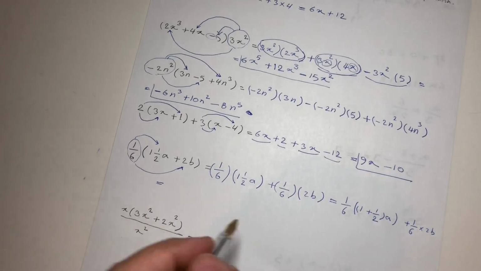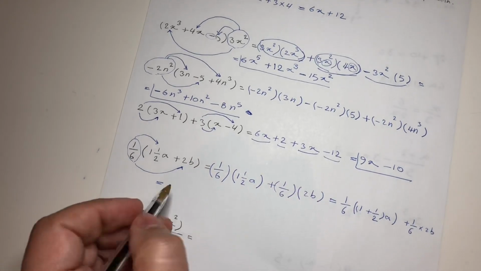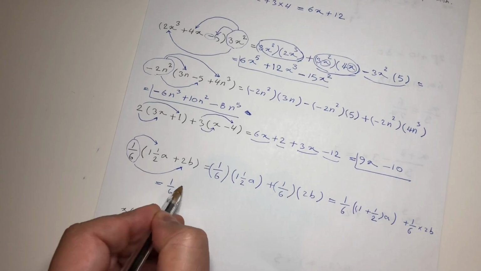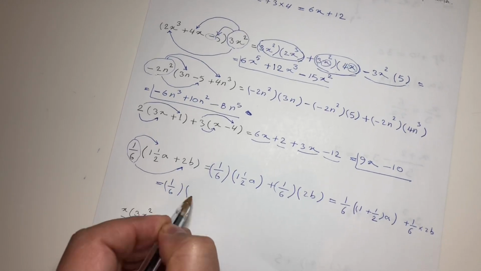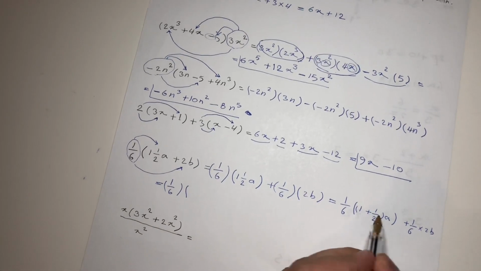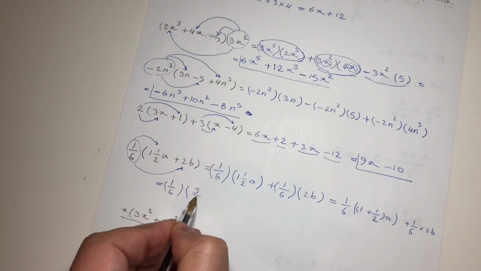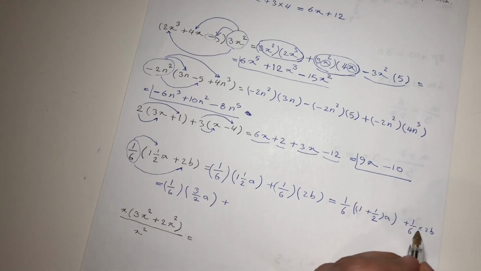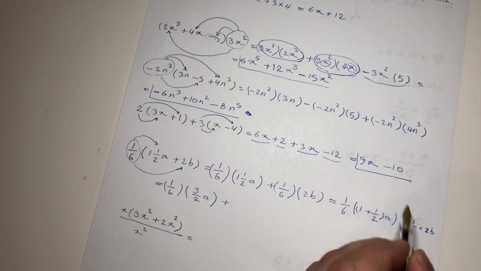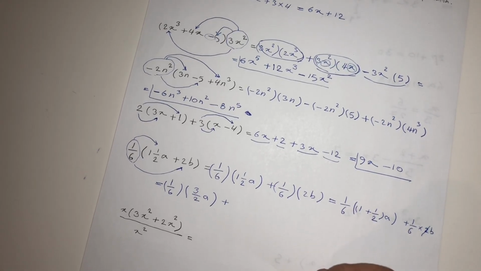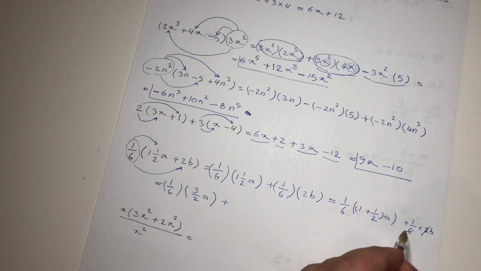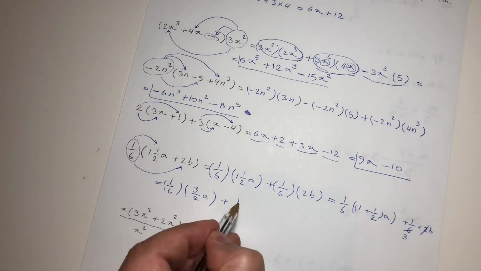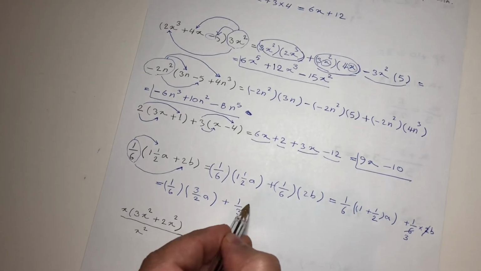Now here I have 1 over 6 multiplied by 1 plus 1 over 2 is 3 over 2a plus 2b multiplied by 1 over 6. We can simplify this 2 with 6, right? So it would be 1 over 3b.